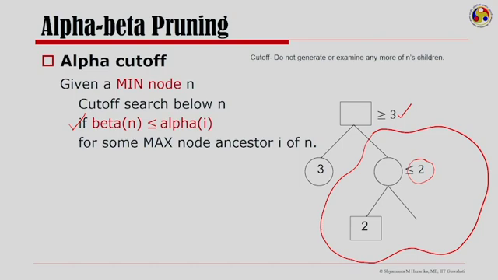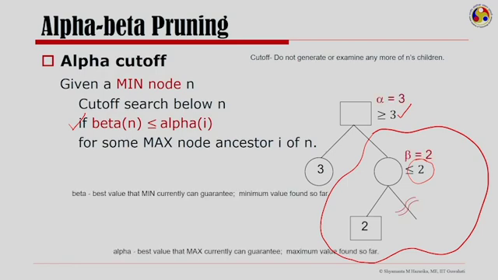If he somehow takes the right path, all he can get is a maximum of 2. So, there is no point looking at this portion of the tree, and this cutoff is called an alpha cutoff.